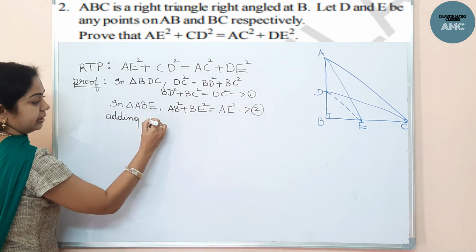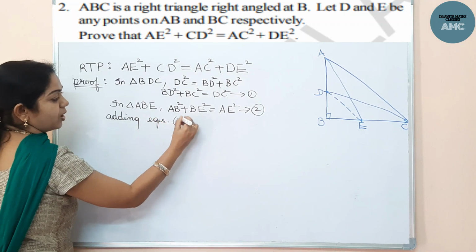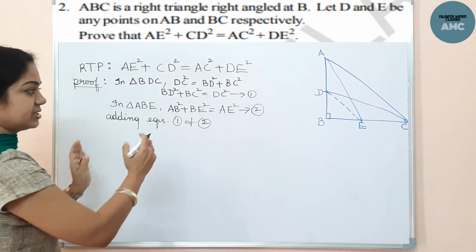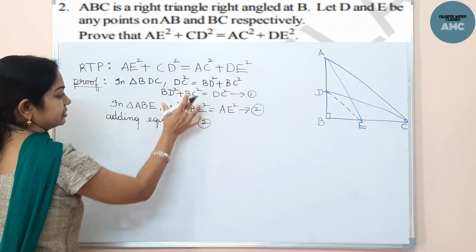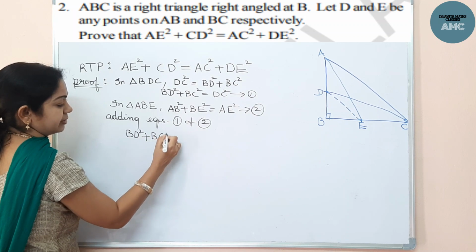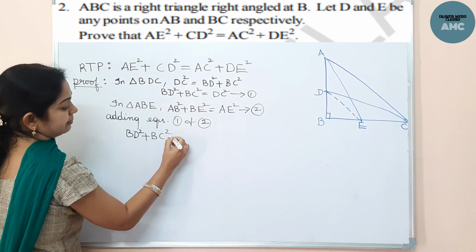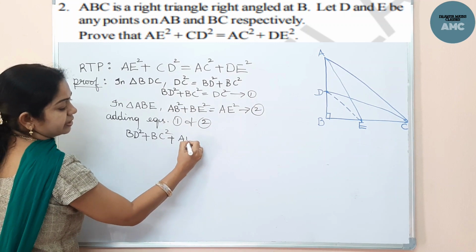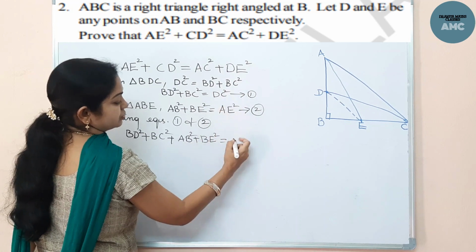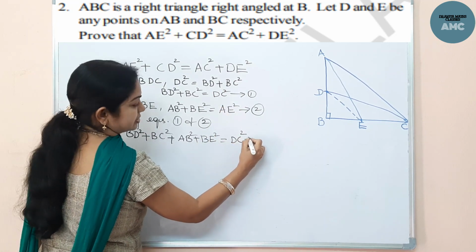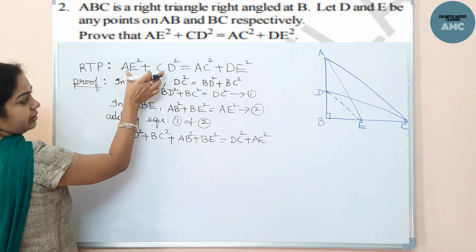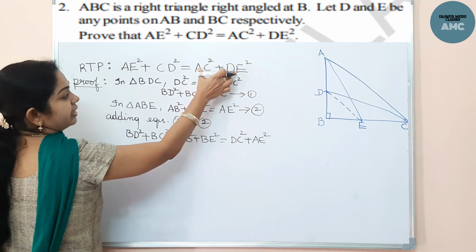Adding LHS part and RHS part, it comes to BD square plus BC square, plus AB square plus BE square, is equal to DC square plus AE square. This part is the same as in our RTP. Now we have to get this part.